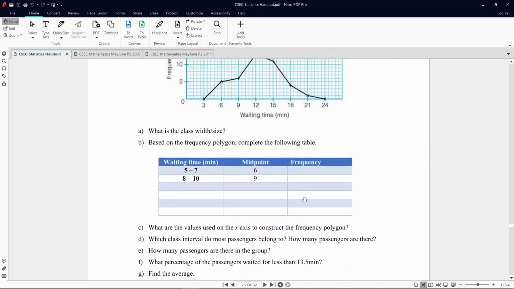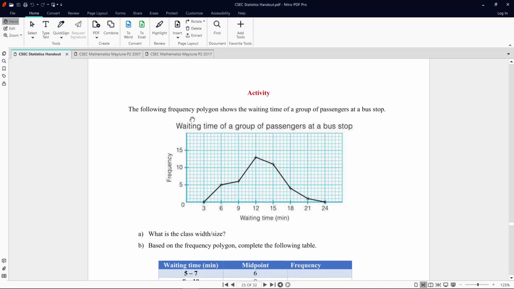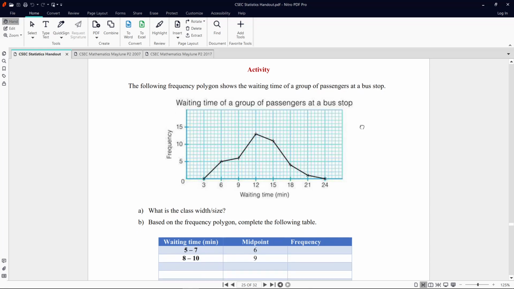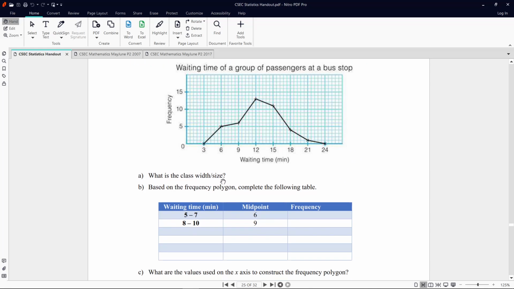Let's see this activity. The following frequency polygon shows the waiting time of a group of passengers at a bus stop. So the waiting time of passengers is given here. What is the class width or size?